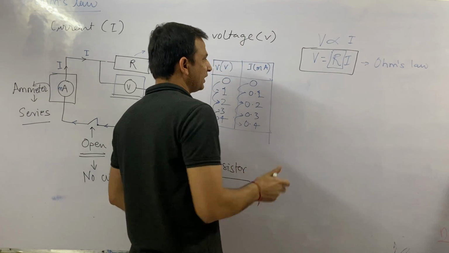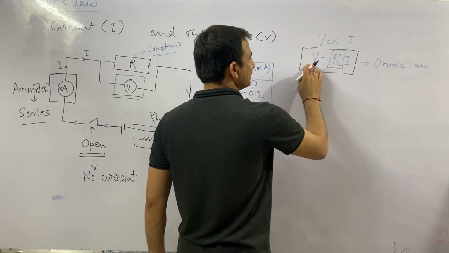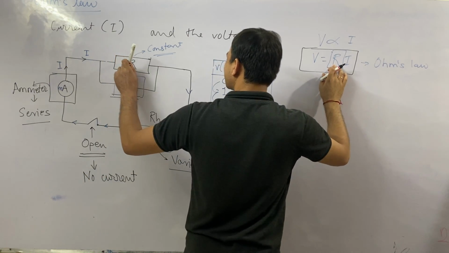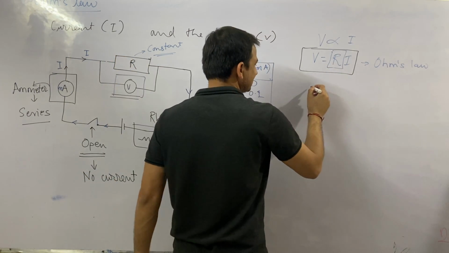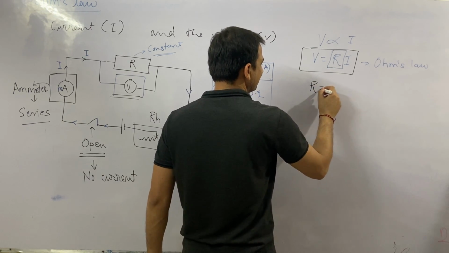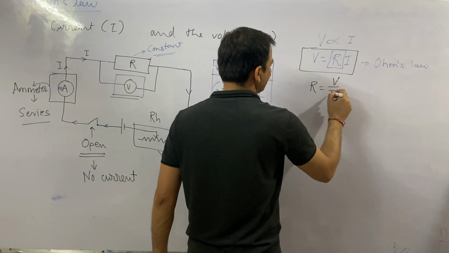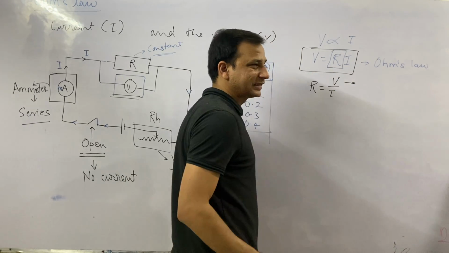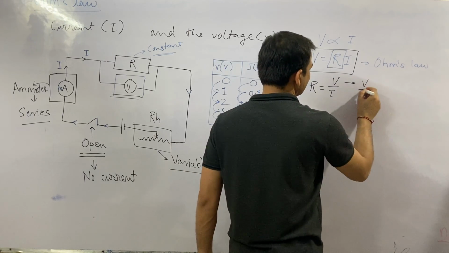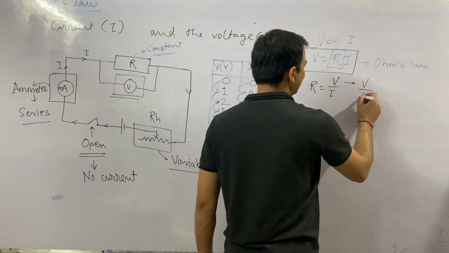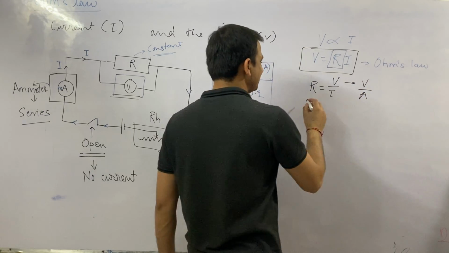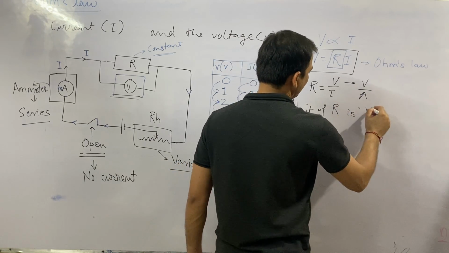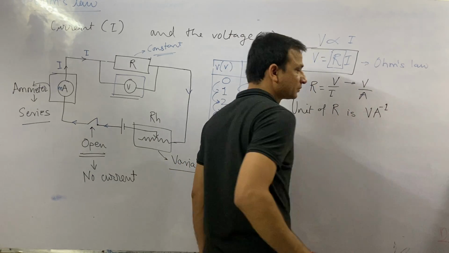By using this formula, we can find the resistance of the resistor used in the circuit. If the resistance is R, then R is equal to V by I. The unit of voltage is volt and the unit of current is ampere, so the unit of R is volt ampere to the power minus 1.